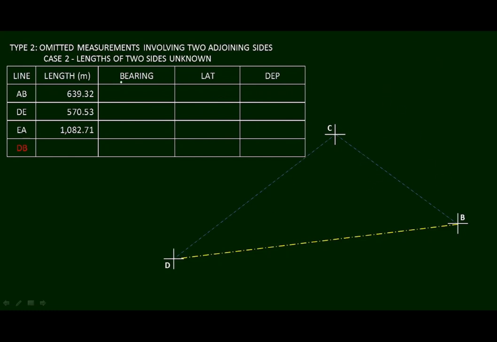Okay? So, sulat ko lang ulit yung datas natin for line AB is north 9 degrees 30 minutes west. This is south of 2 degrees 10 minutes east. EA south 89.41 east.